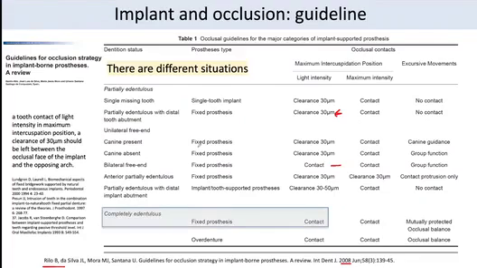For example, for a completely edentulous patient with a full fixed prosthesis on implants, a clearance of 30 microns is impossible. So in this situation, you need contact in ICP on all the teeth. That is the first difference.